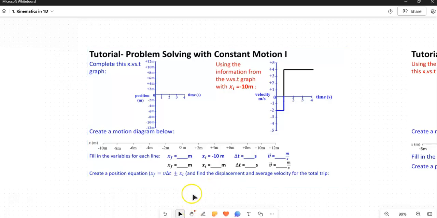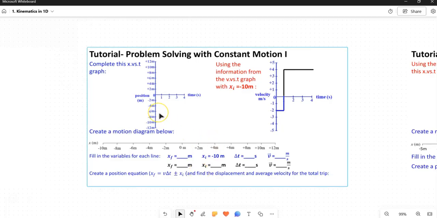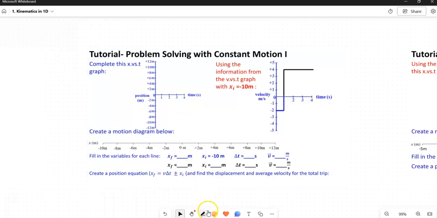So let's actually start with the position versus time graph. Let's do this the most difficult way. I'm going to use blue. It starts right here. Now we have to figure out where it's going to end up at the 1 second mark.